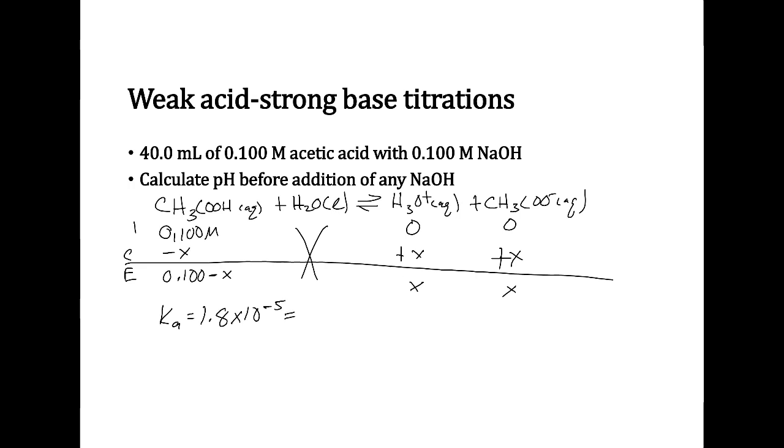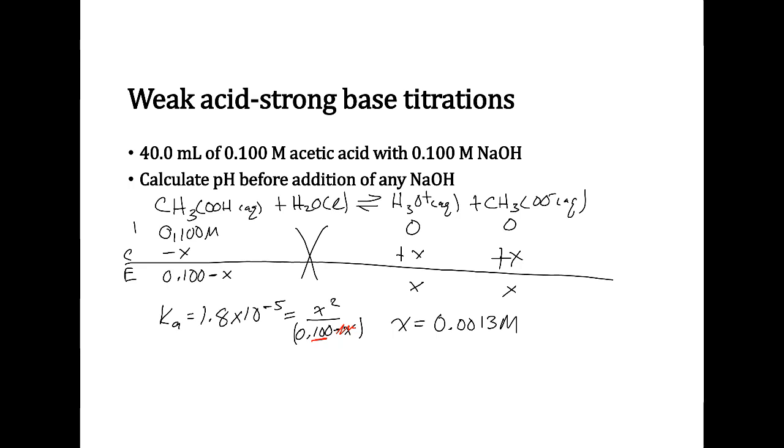Plugging in, we'll have X squared divided by 0.100 minus X. Just like we've done previously, because this number right here, 0.100, is on the order of magnitude 10 to the negative first, and then Ka is 10 to the negative fifth, since there are more than 3 orders of magnitude separating these two values, we can ignore the X. So from here, we'll multiply the 0.1 over, take the square root, and we'll find X is equal to 0.0013 molar.